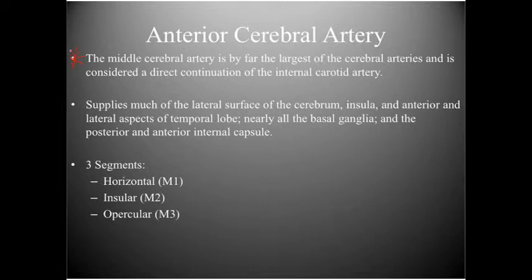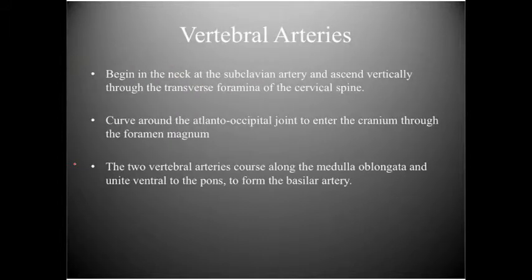And it supplies much of the lateral surface of the cerebrum, insula, and the anterior and lateral aspects of the temporal lobe, nearly all of the basal ganglia, and the posterior and anterior internal capsule. And so there's three segments: horizontal, insular, and opercular. But basically, all we're going to go with is the middle cerebral artery. So I'll know that there are three segments, but you will not be responsible for actually delineating these.